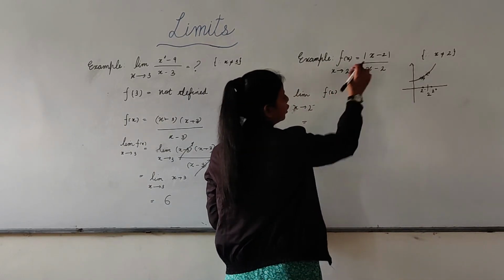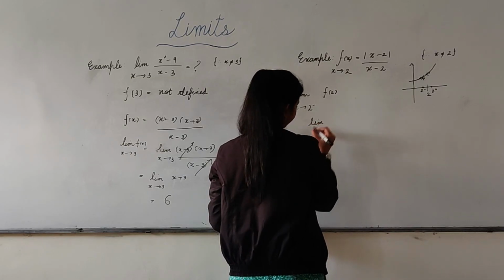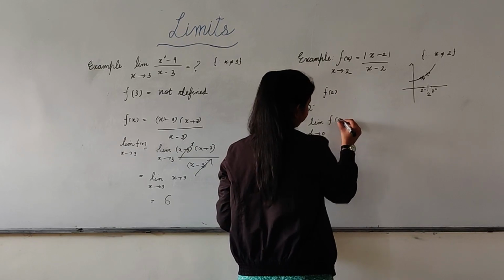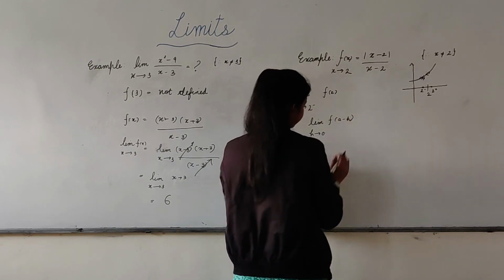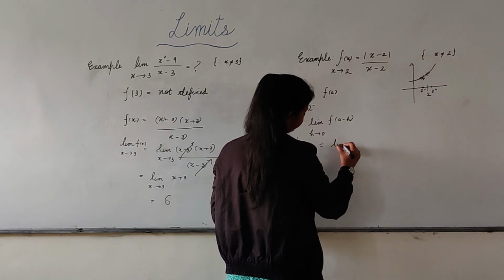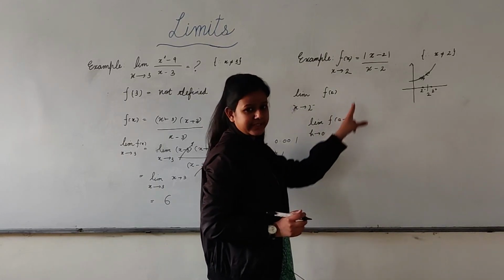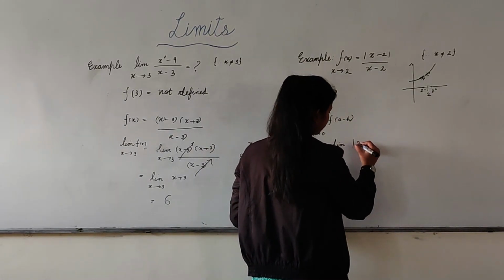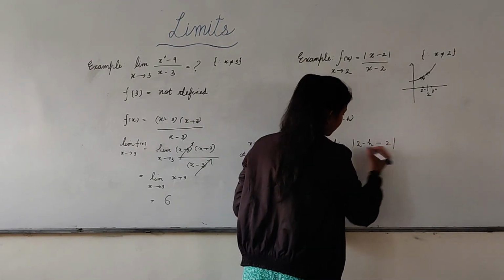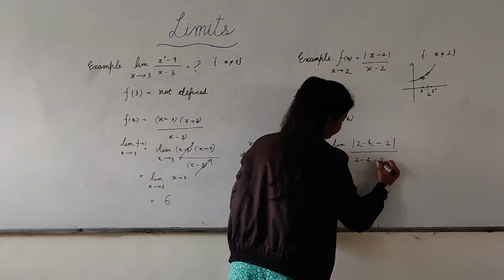So putting the value of f(x), we get, as h tending to 0, f(a minus h), that is we put a minus h: modulus of (2 minus h minus 2) upon (2 minus h minus 2).